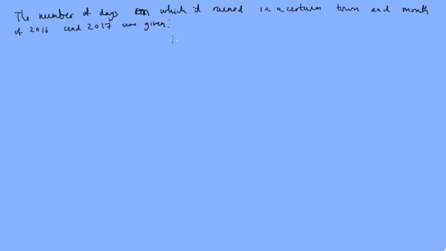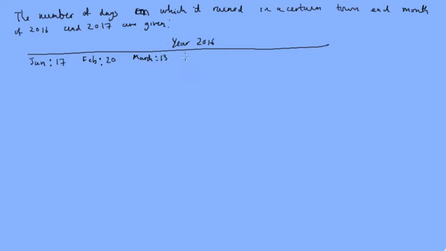So we've got the year 2016, and we've got January, February rained 20 days, in March it rained 13 days. April, it rained 12. May, 10.